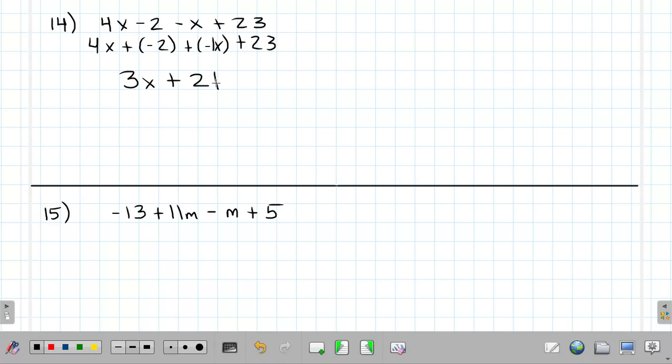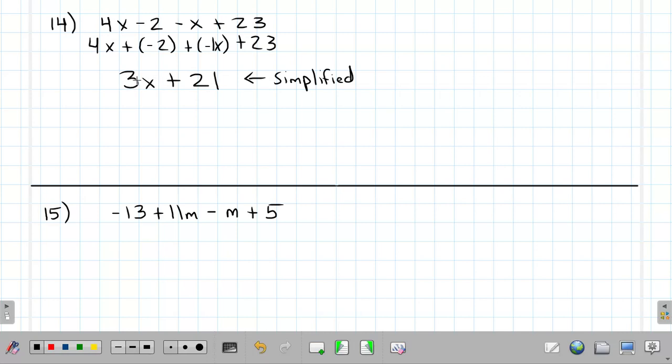So that's the simplification. This is simplified. But once again, we're asked to simplify and factor. So we're going to do exactly what we've just been doing with the last few questions: once we simplify it, now we're going to find the greatest common factor between the terms.